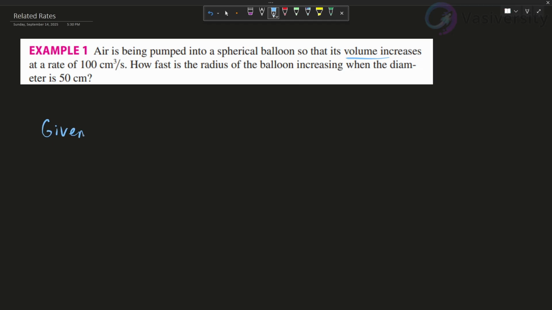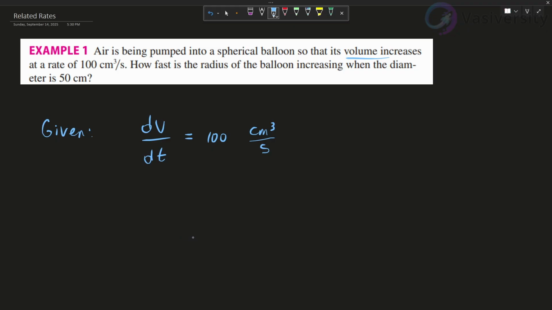To write it down, we can say given dV over dt, where V is the volume, the rate of change of volume over time is a constant 100 centimeters cubed per second. What do we want to find?